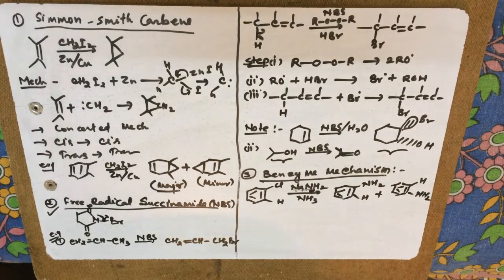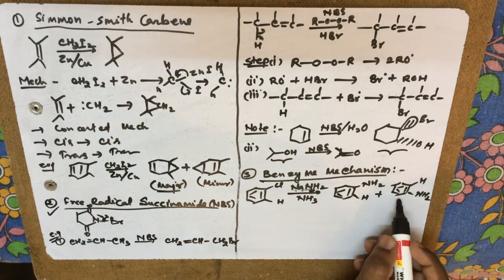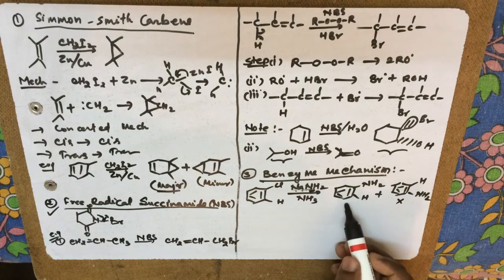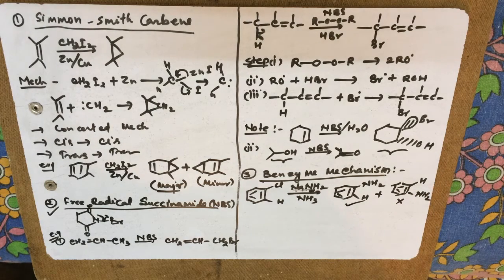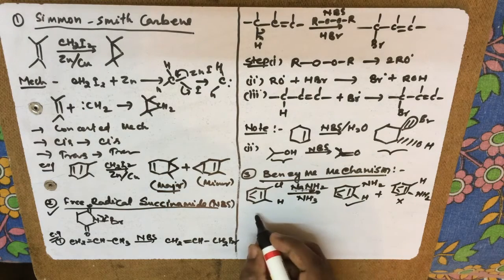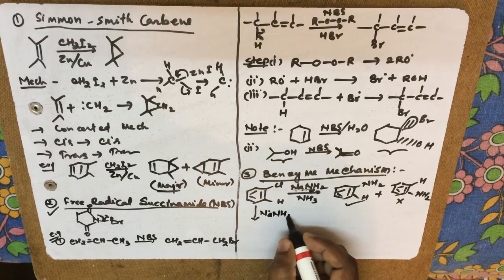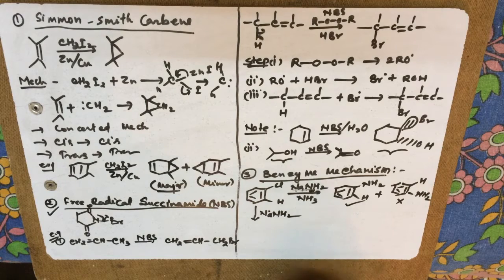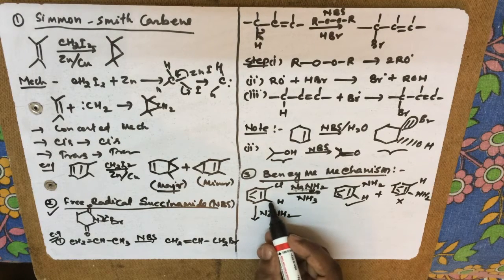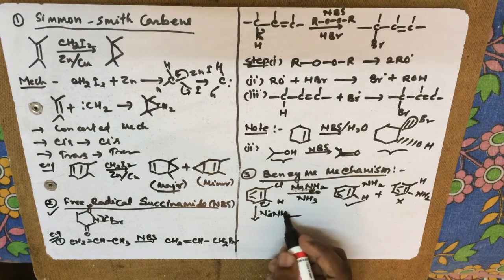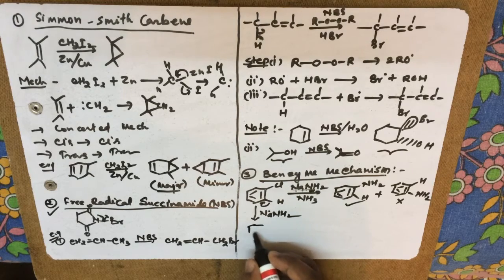Okay, you will not get this product, you will get this product, because if you see, you have base NaNH2. So what is the role of base? Base abstracts a proton. So here you have a proton, this proton is abstracted, so you will get this.